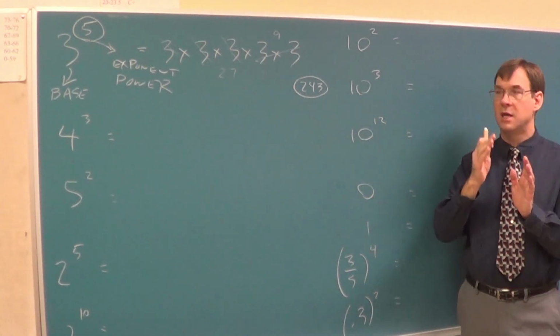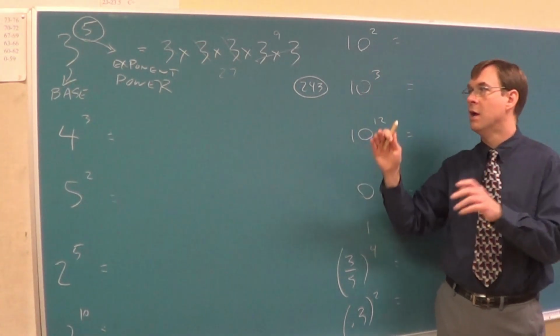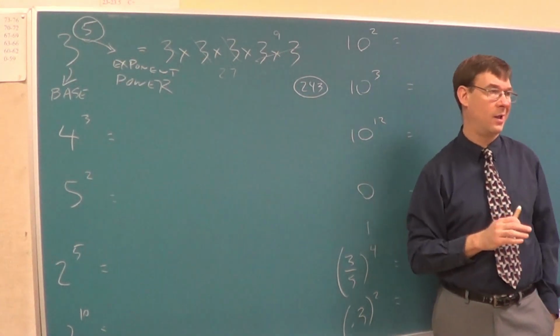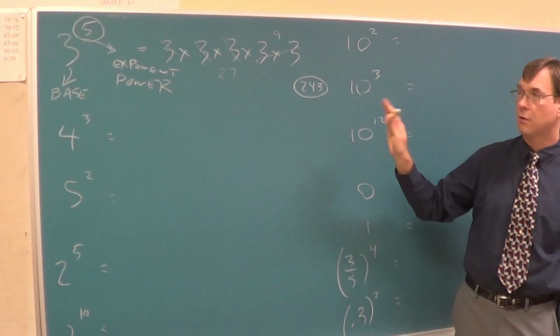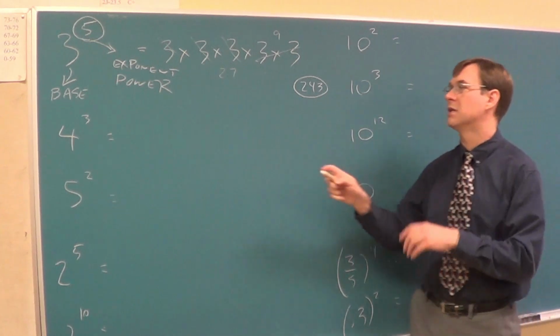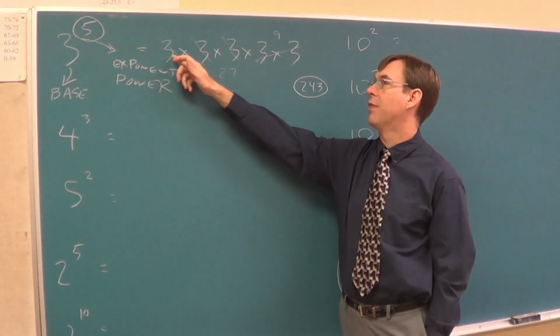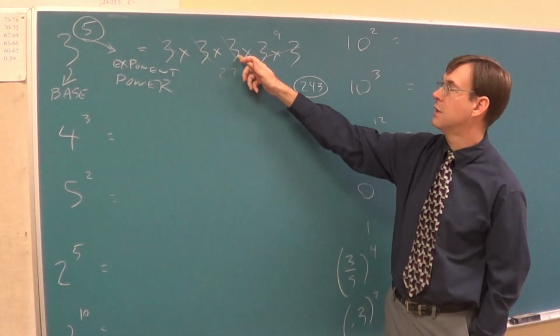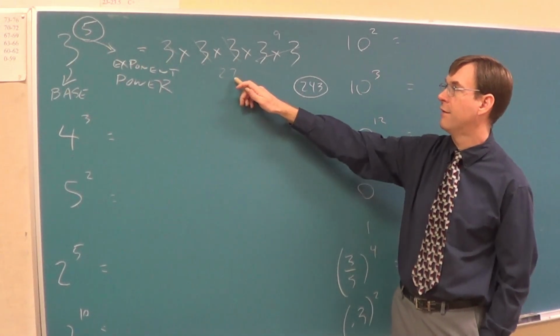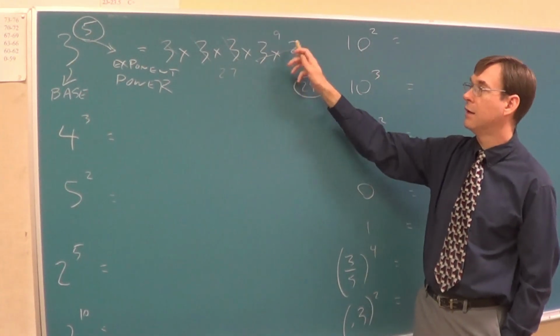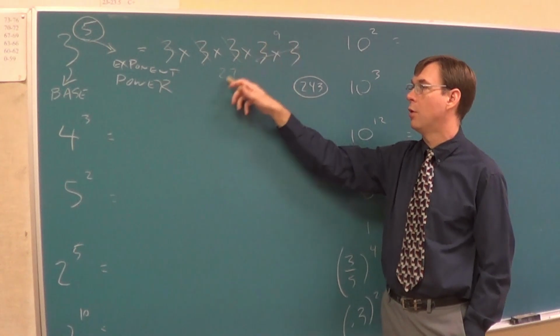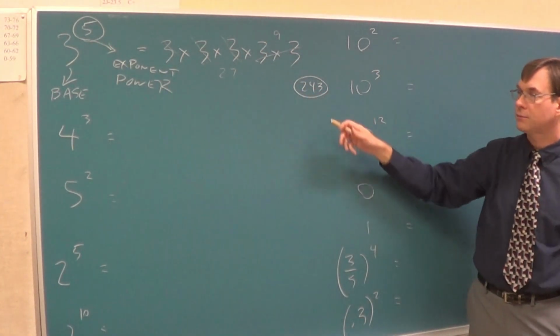So you don't have to keep going bigger, bigger, bigger. If it starts to get a little big and you're like, I don't like this, stop, do the rest of it, and then worry about putting the pieces together. Nothing wrong with that. 3 times 3 is 9, times 3 is 27, then temporarily give up. 3 times 3 is 9, then worry about multiplying your 2 little pieces to make a big piece.